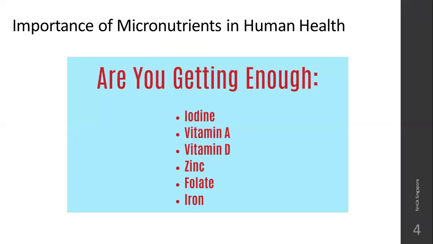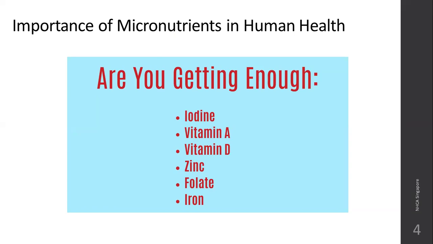So, the importance of micronutrients in human health. Majorly, we talk about iodine, vitamin A, vitamin D, zinc, folate, and iron. Even at the World Summit for Children's Health in 1990, vitamin A, iron, and iodine were the focus. But as time went on, after the anemia prophylaxis program and universal iodization of salt, the shift was to folic acid.